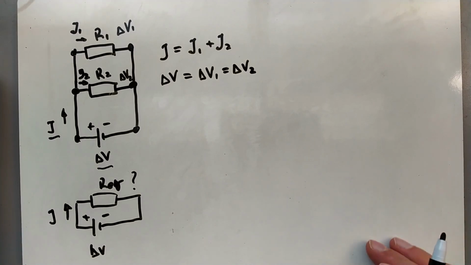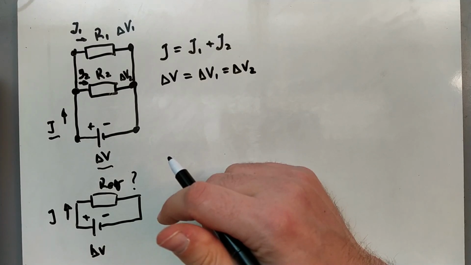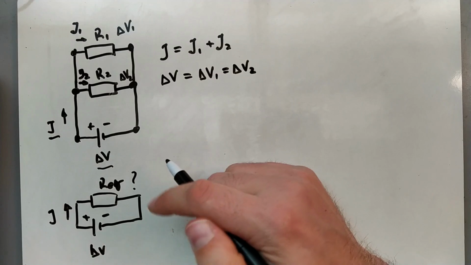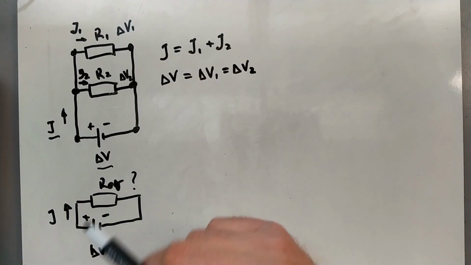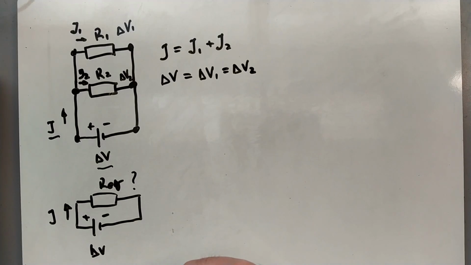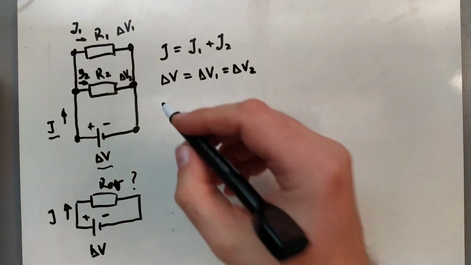For this purpose, we should express this current I from Ohm's law in terms of potential difference delta V and equivalent resistance.